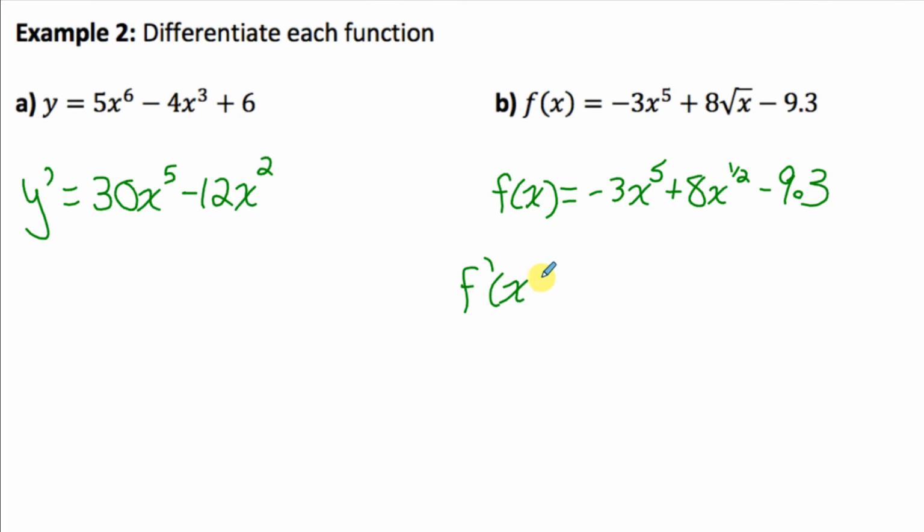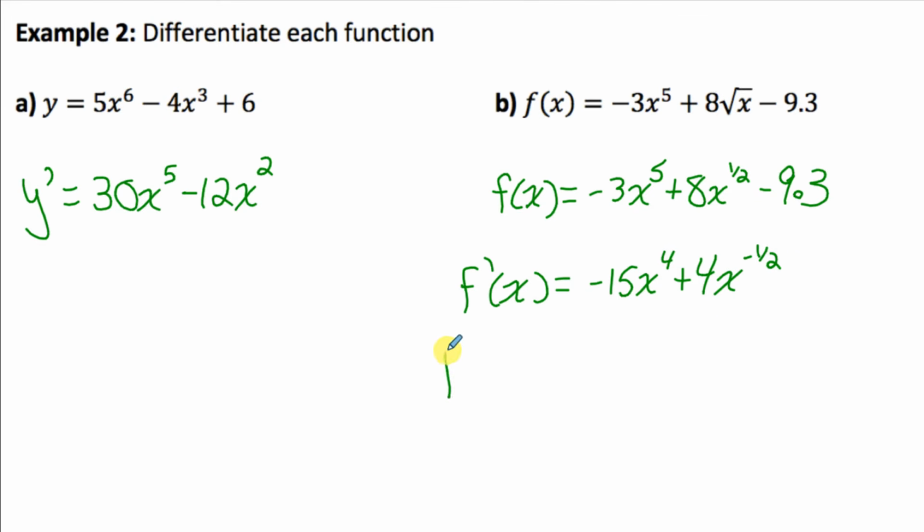f prime of x equals 5 times negative 3 is negative 15, x to the 4, plus, find the derivative of this 8x to the half, so do a half times 8, which is 4. x to the half minus 1 is negative a half. And then minus the derivative of 9.3, which is 0, so I don't have to write it.